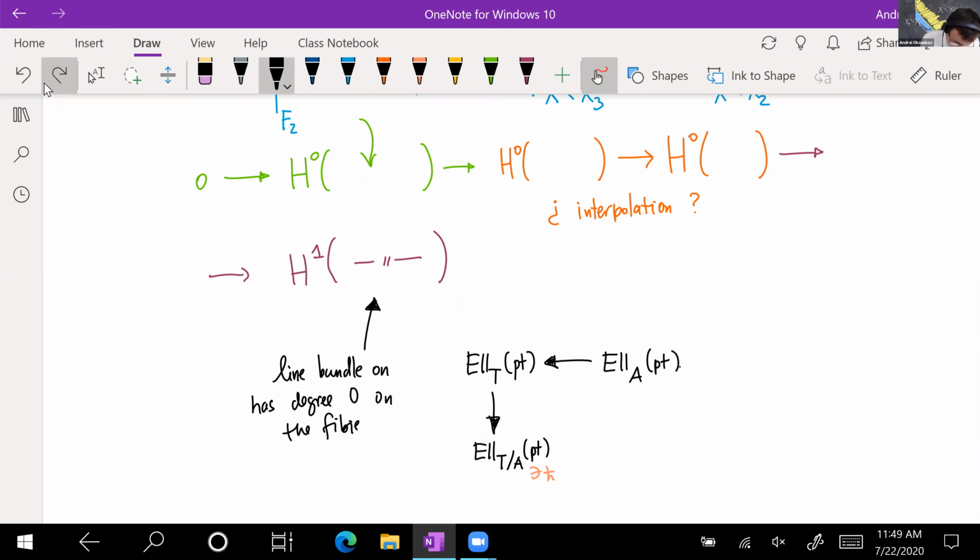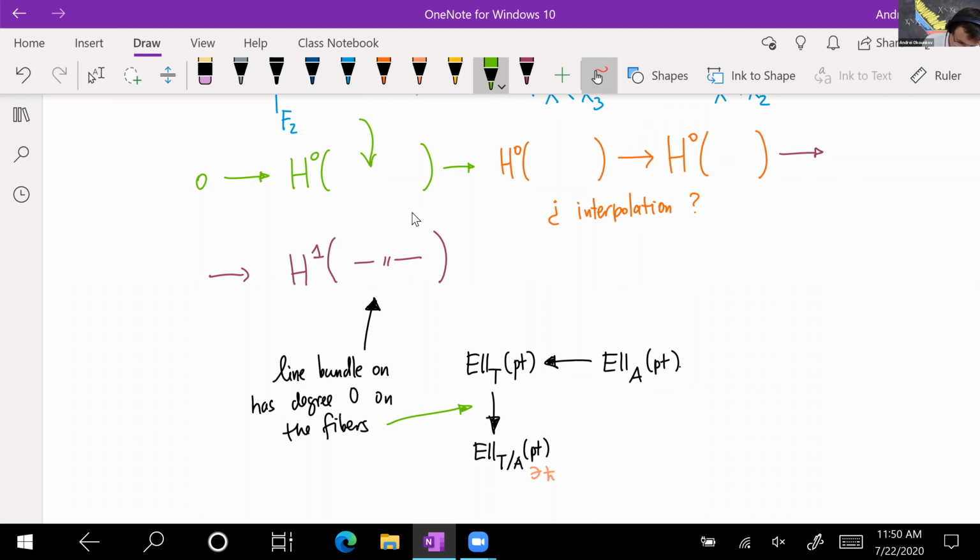Okay, three attempts to write the word fiber. Let's see if I can manage it. Fibers in this map. So I have a line bundle which has degree 0 on fibers of some map. If I push forward to a point, in particular I can first push forward to the base, then I should get no cohomology. And so that means this object has the potential to vanish.